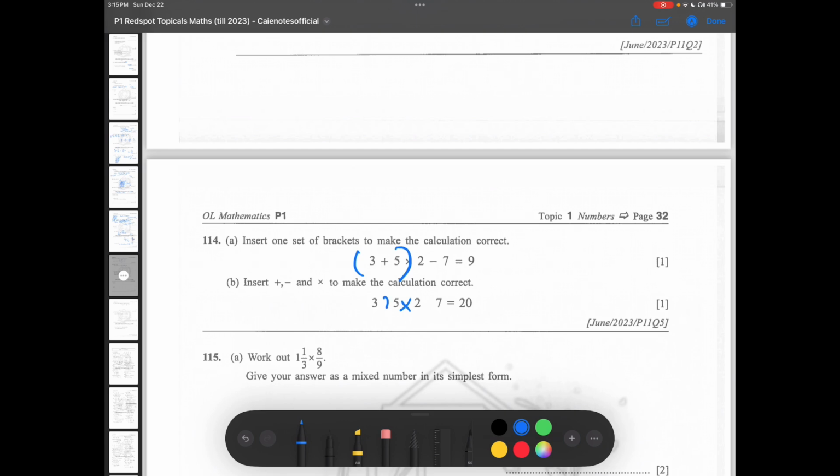If I write plus over here, so first we multiply 5 with 2, 10. Then we add 3 to it, it becomes 13. Then I place a negative sign here. And oh, 13 minus 7. Oh, this won't be correct. I need to get 20 somehow. 3 plus 5, 8. 3 into 5, 15.